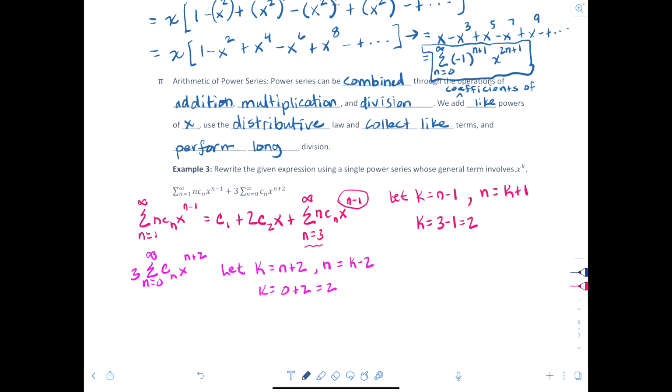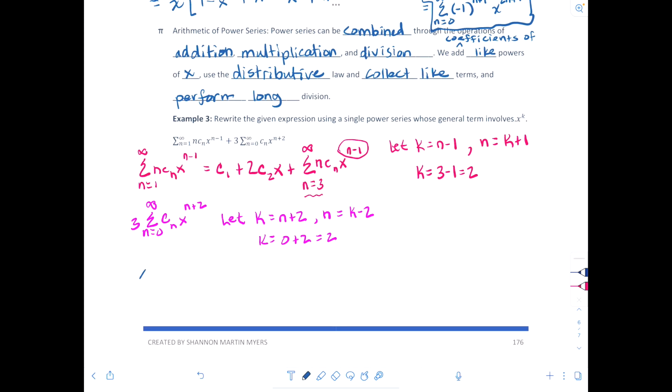So this is going to give me the first couple terms, which were c1 plus 2c2. I'm looking at this first one. And then plus the summation from k equals 2, right? And then to infinity. N, remember, for this one is k plus 1. So c sub n would be c sub k plus 1.